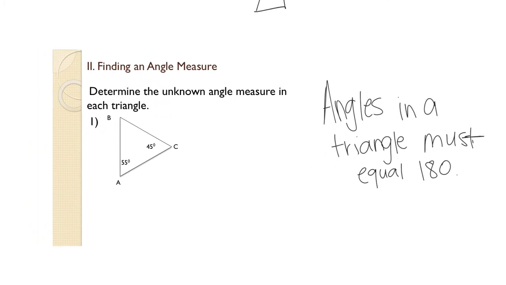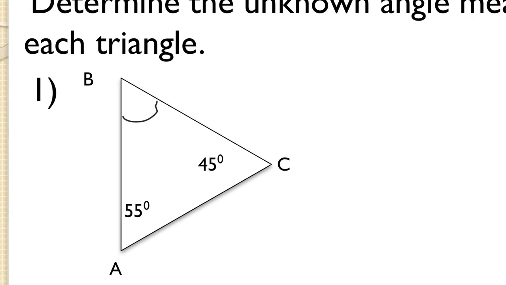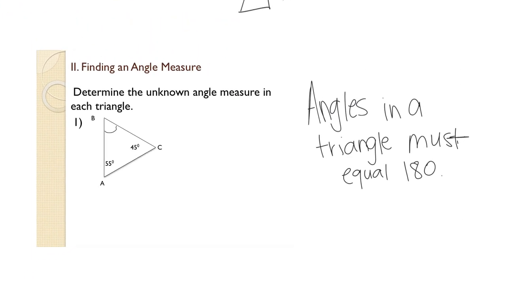Okay? So, if we know that here's our triangle, okay? And we know that one angle is 55, one angle is 45, what will this angle be? You know that inside has to equal 180. Okay, so I want you to determine how will you do that and what will it be? What will that missing angle be?